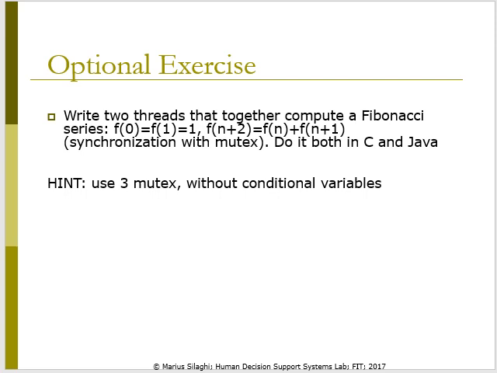You can do this having one thread computing the even values and another thread computing the odd values. You would have to synchronize to tell each thread when the values before it were computed. You can implement this in either C or Java. Hint, you can use 3 mutexes, and for this one you would not need condition variables.